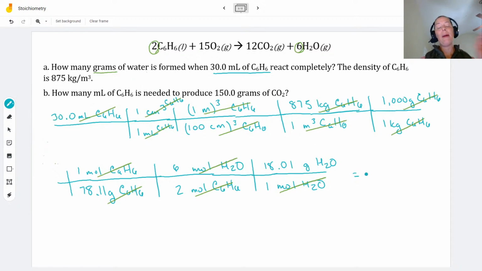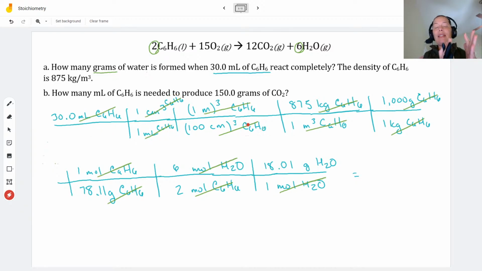This was a really long one, and this is usually the case when you've got density. Sometimes it'll just add 1 step, and in this case it added like 3 or 4 different steps. It just depends on what units you're starting with and what units your density comes in. But you can see all I did was make sure that my units were canceling, and I just worked.